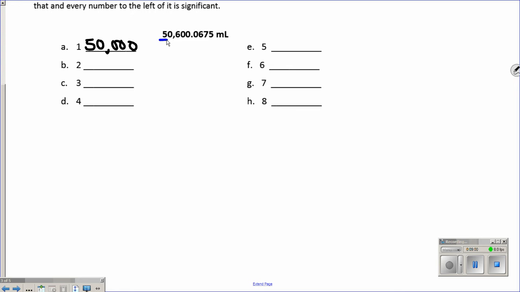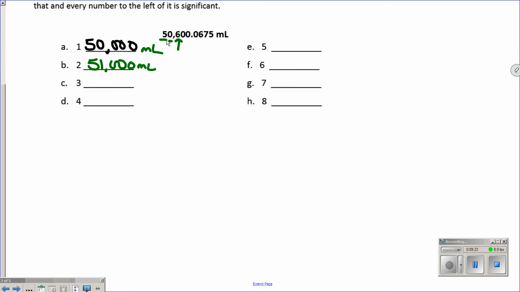If we want 2 significant digits, we're going to keep the 5 for the 50,000, and then we're going to keep the 0 for the 50,000. However, directly to the right of the 0 is a 6. Anything that's 5 or greater, we're going to round that digit up. So this becomes 51,000 milliliters.